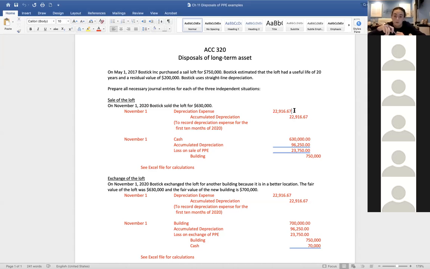Good, so 27,500 divided by 12, because there are 12 months in a year, and then multiplied by 10, because that was the number of months that the asset was used. So everybody should have gotten the 22,916.67 debit depreciation expense and credit accumulated depreciation.